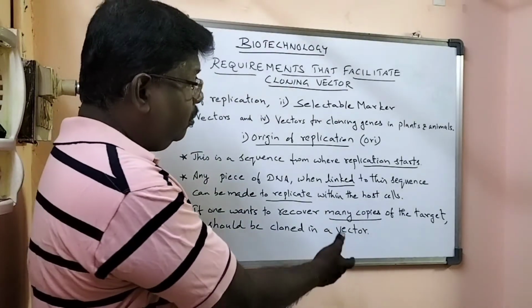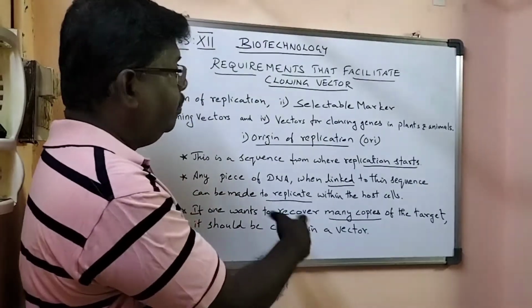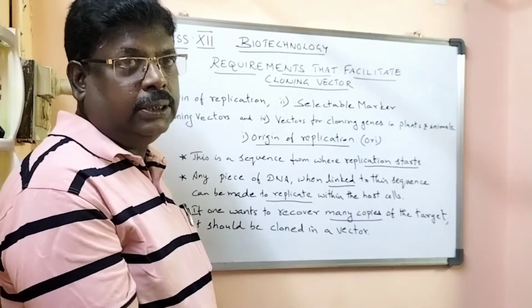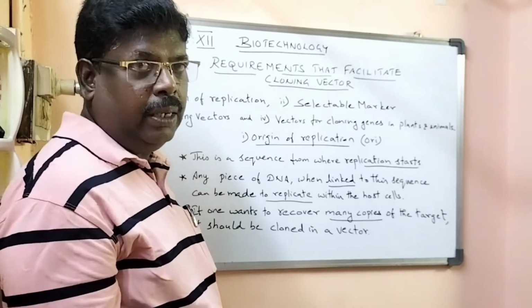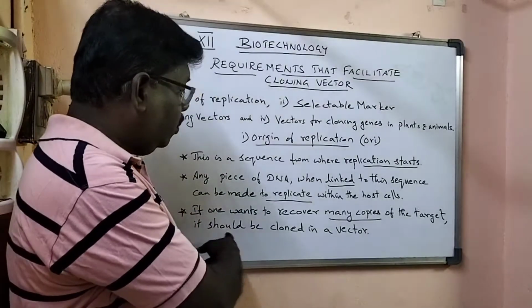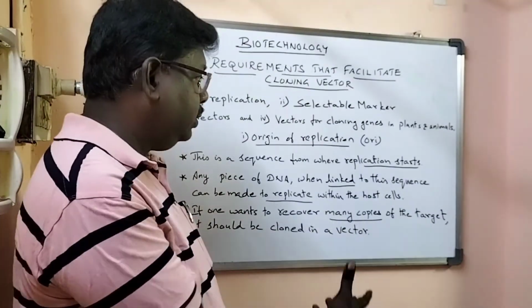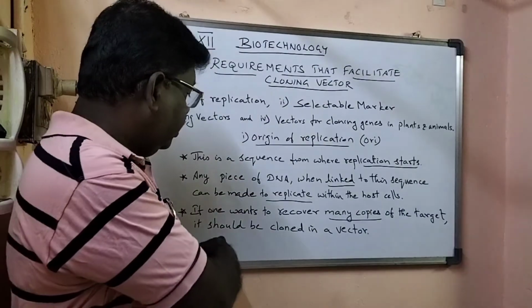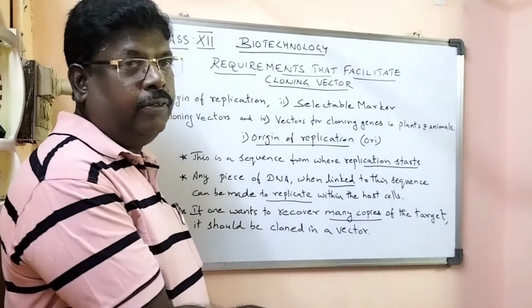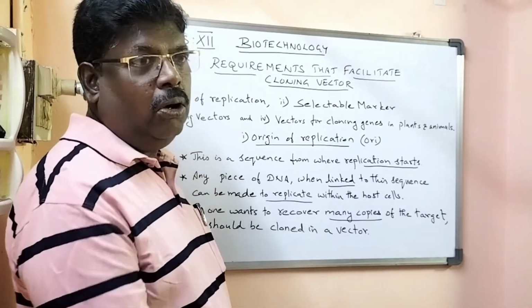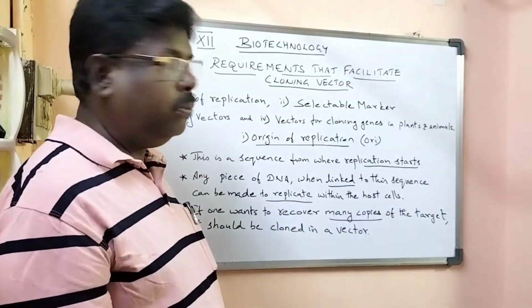The vector has been engineered in such a way that it will produce high copy numbers. So that is about the origin of replication, shortly called ORI.